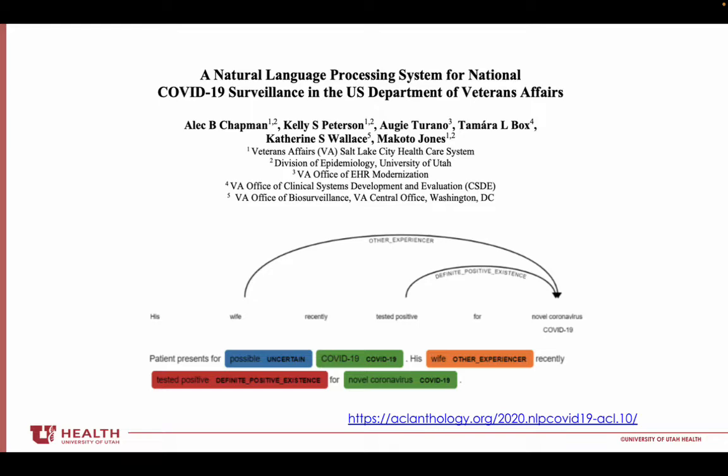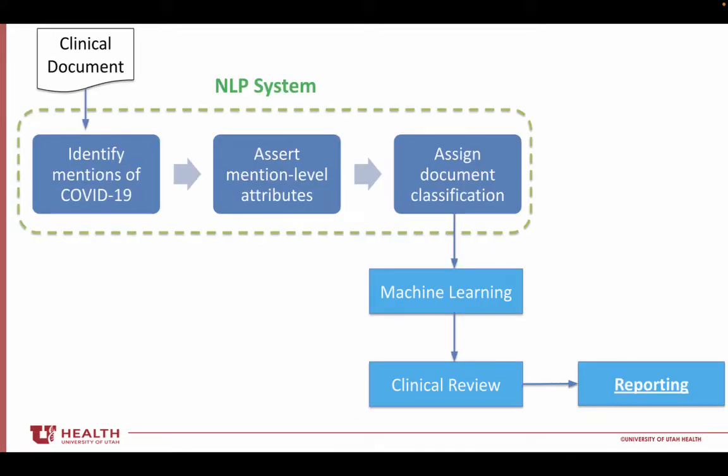To fill that gap, we built this COVID-19 NLP system, which we published a paper on if you're interested in learning more, that looks for diagnoses of COVID-19 in clinical texts so that we may add them to our overall case counts along with those structured data sources. The way this works is we take a clinical document which has mentions of COVID-19 in it, we extract those mentions, and we assert some other information about them.